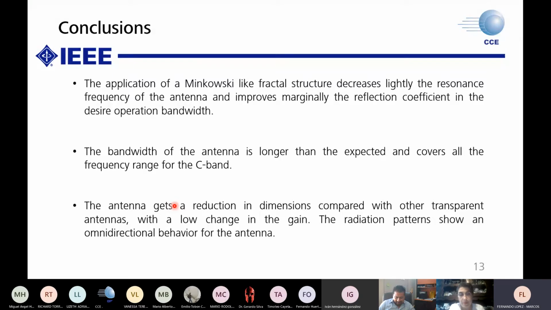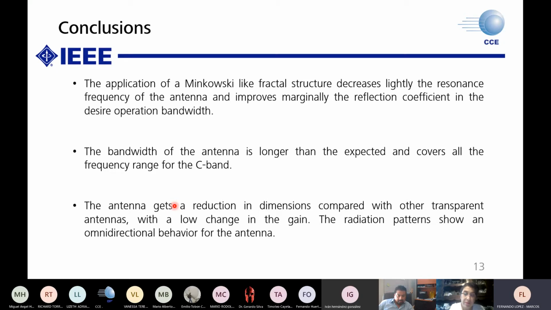If we take a copper antenna, for example, it's expected that the bandwidth increases, because for monopole antennas with a geometry like this, the bandwidth is bigger. At the beginning of this work, we selected this geometry because we were not sure that the frequency ranges could be covered with another geometry.